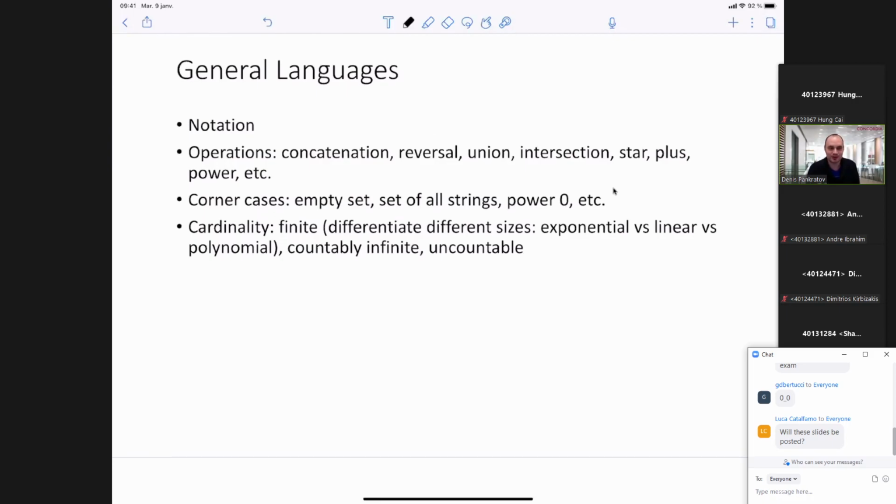In particular, you can consider an empty set to be a language, or the set of all strings. What happens when you take a language and raise it to a power 0, and so on. In terms of cardinality, we talk about linear size sets, exponential size sets, finite sets, infinite sets, and for infinite we distinguish between countably infinite and uncountably infinite.